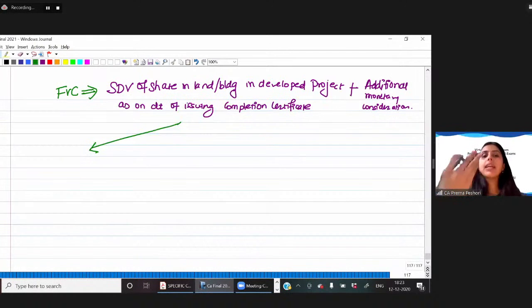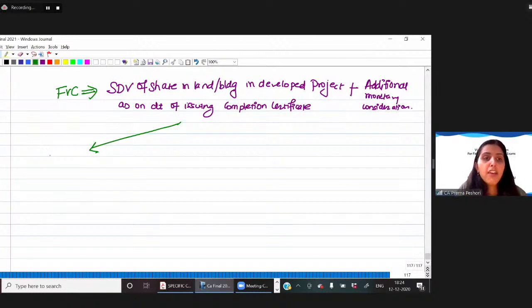I am certain that I will get a particular flat in this particular building which is being developed by that developer. Now, even before the building gets completed, I transfer that particular flat to a buyer outside in the market. Now, before the completion certificate is received, the share in the building is transferred.